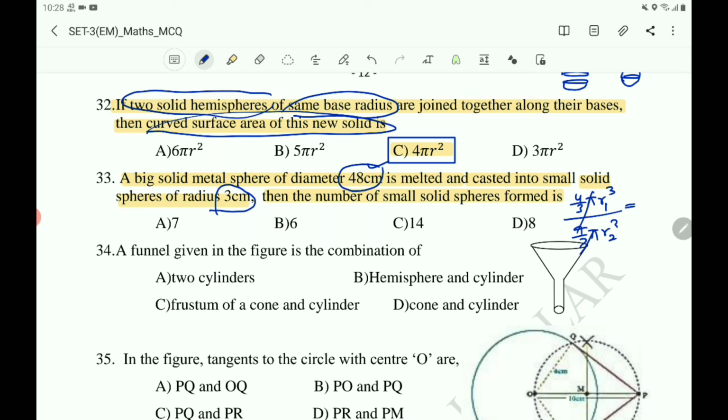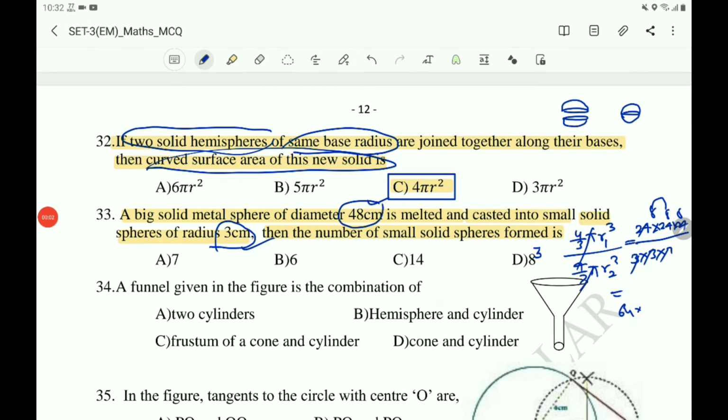The radius of the big sphere is 48 divided by 2, so you will get 24 cube, which is 24 into 24 into 24, divided by r2 cube, r2 is 3 centimeter, so 3 into 3 into 3. Then 3 8s are 24, and 8 8s are 64.